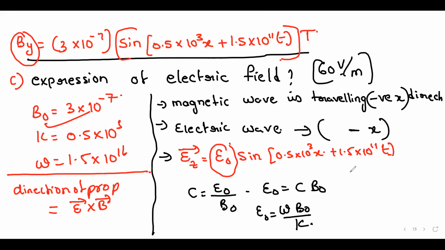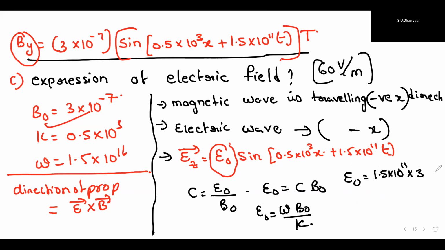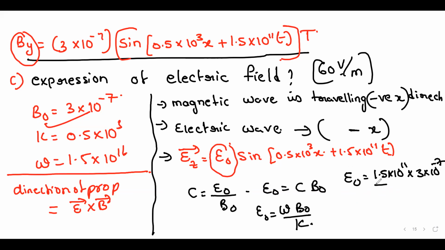So here E naught is equal to omega, which is 1.5 into 10 power 11, into 3 into 10 power minus 7, by 0.5 into 10 power 3. So E naught is equal to how much? 90 volt per meter.